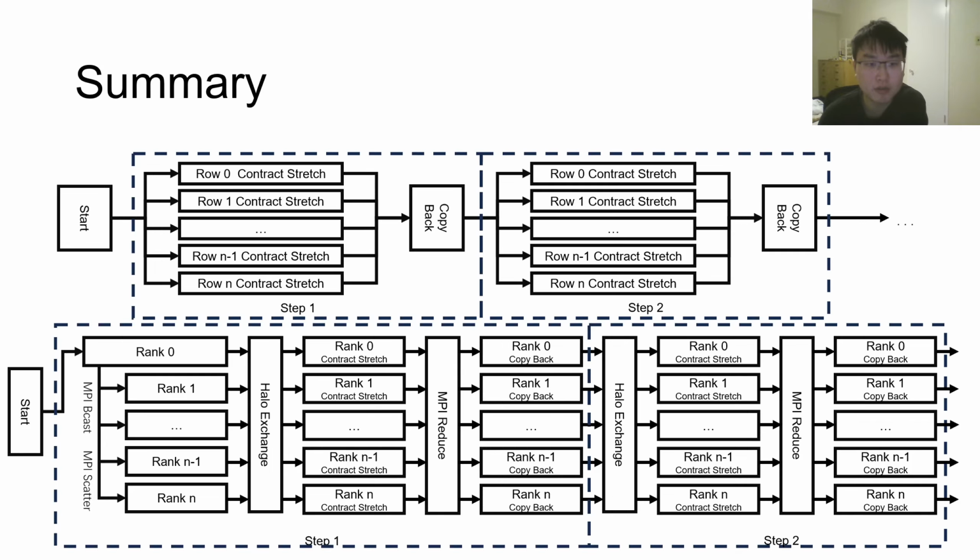So to conclude, the main goal of this project was not to optimize the OpenMP or MPI implementations themselves, but to help us better understand the parallel structure more clearly by rewriting both versions of the contrast stretching program in MLIR style intermediate representation. Each major step, parallel loops, halo exchange, reductions, and copy back phases, becomes an explicit high-level operation.